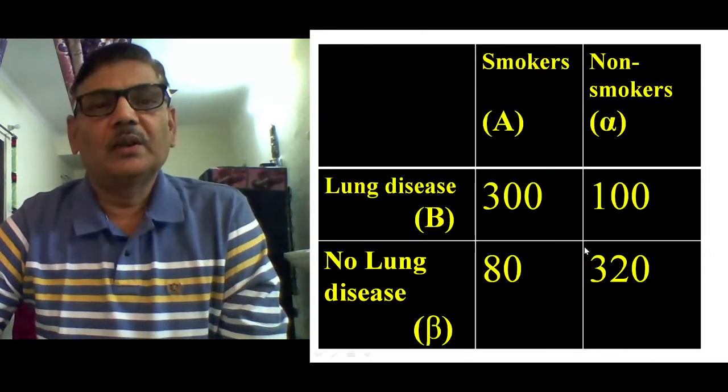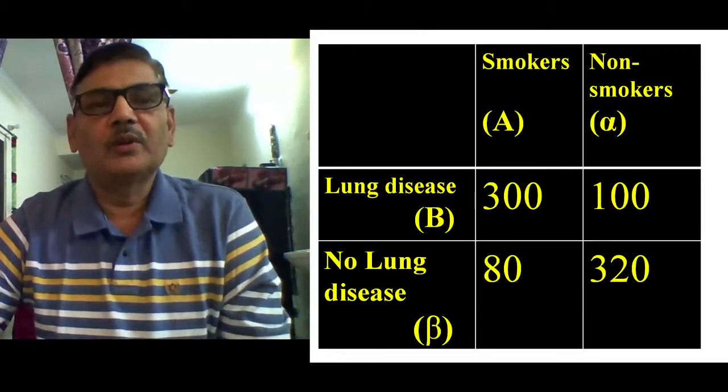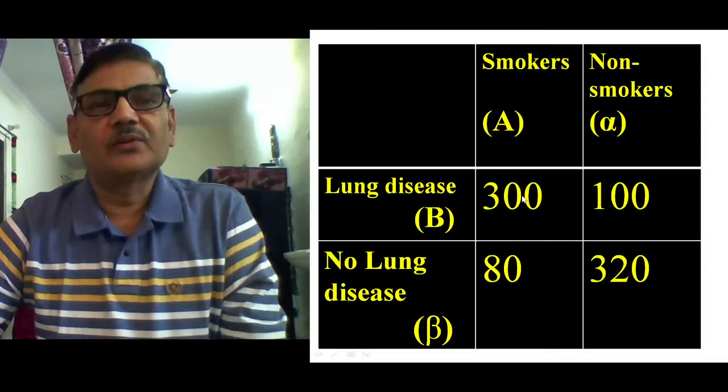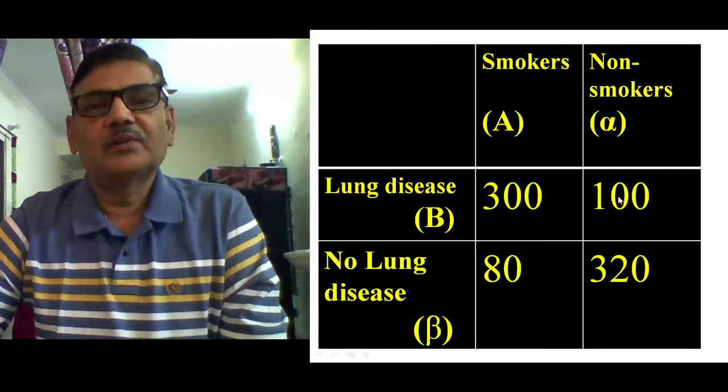And we can have data in which this Q value can be calculated. So in this data, there are 300 persons who suffer from lung disease and they are smokers. Then 100 persons are there, means the data has been collected.